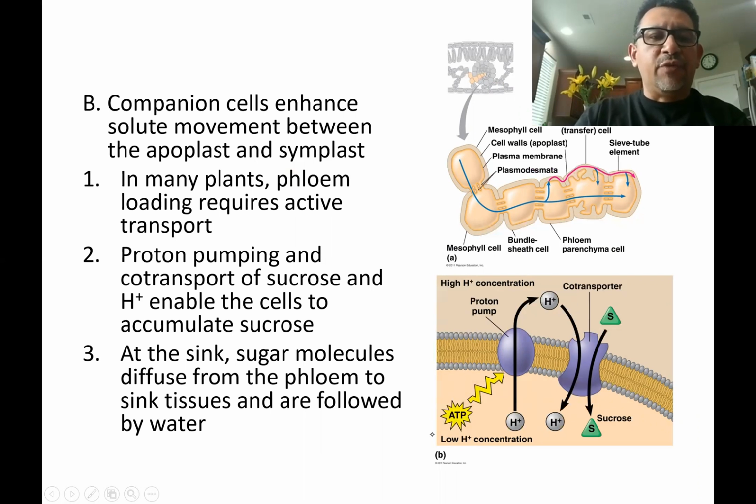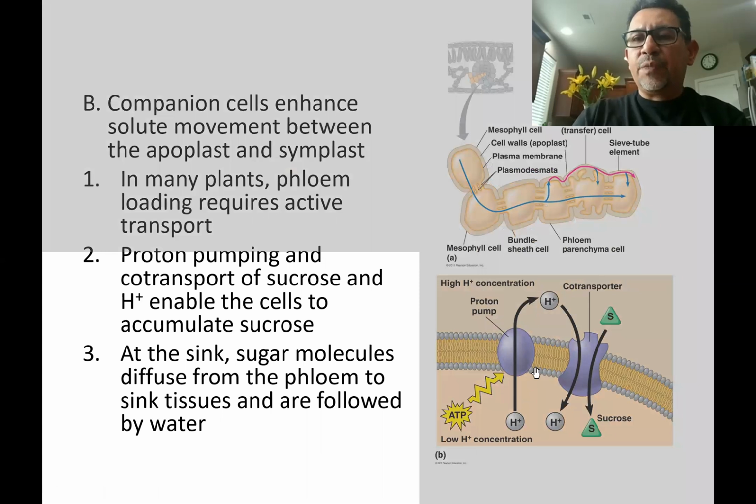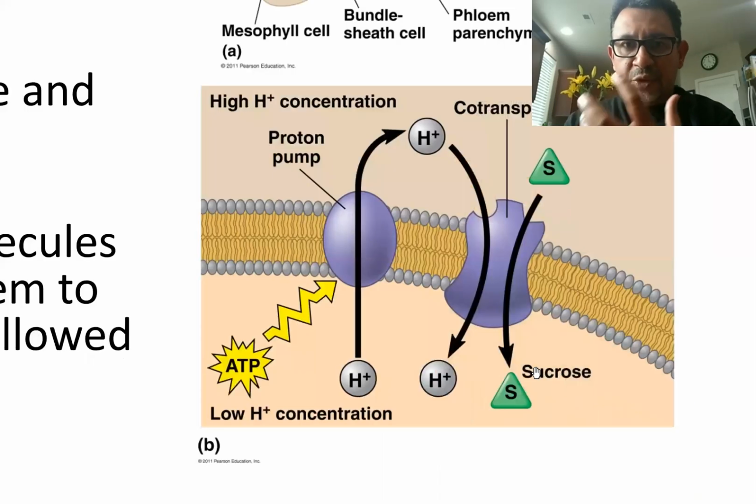Let's explore this for a moment so we can understand how the sugary solution of the phloem can be so rich and so concentrated in sugars. First, a cell would have to use ATP to create a high concentration gradient of hydrogen ions.